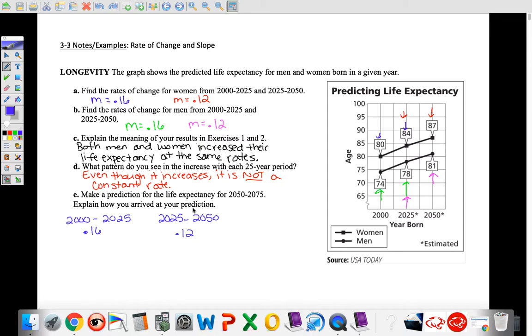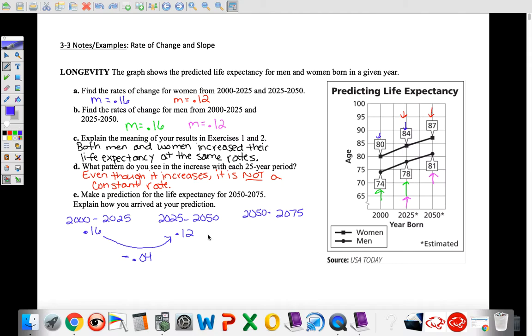And then from 2050 to 2075, we're not sure, but we can find a pattern between these. So from here to here, 0.16 to 0.12, you're subtracting 0.04.